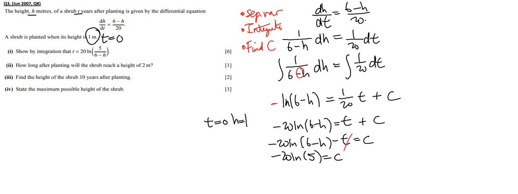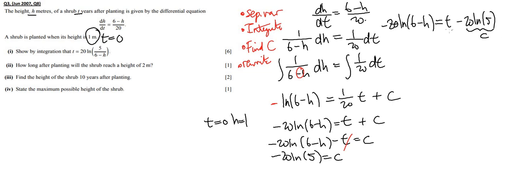So now we rewrite. I've got minus ln of (6 minus h) equals t minus 20 ln 5, because that's my c.